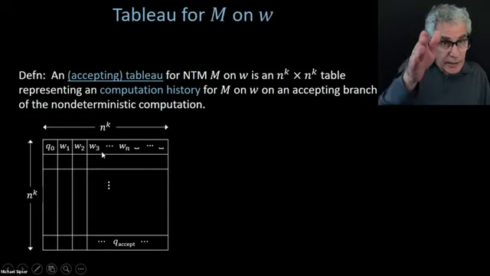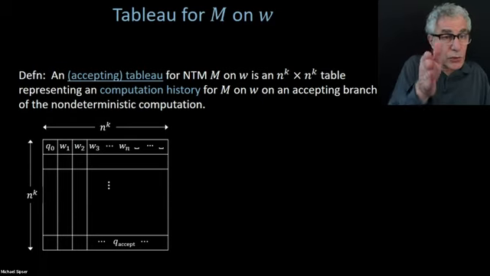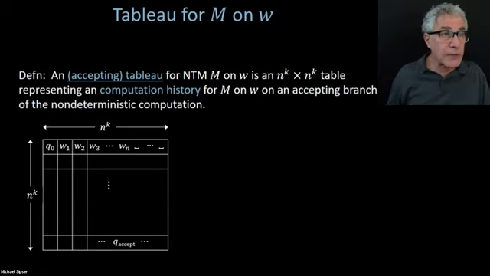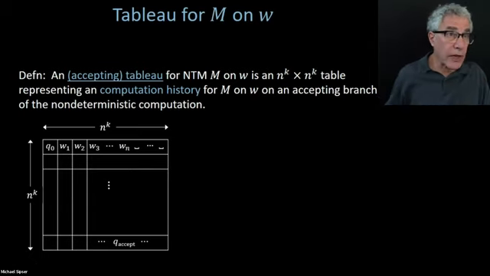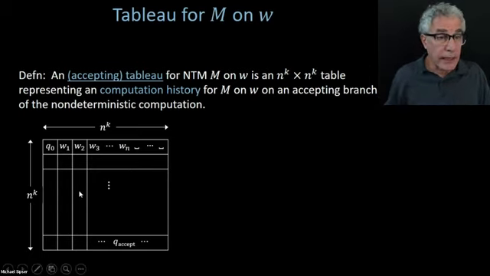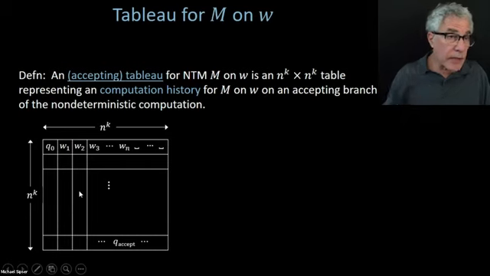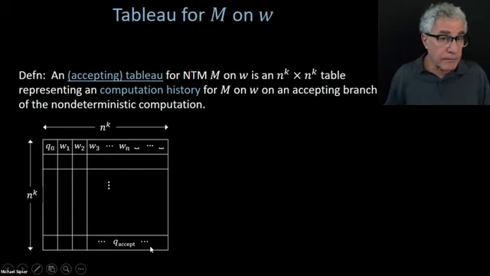So if there's an accepting branch, it's going to accept within that number of steps, and we'll have enough rows here to write down all of the configurations that the machine goes through, one after the next, row by row. And then at the bottom, there'll be an accept.